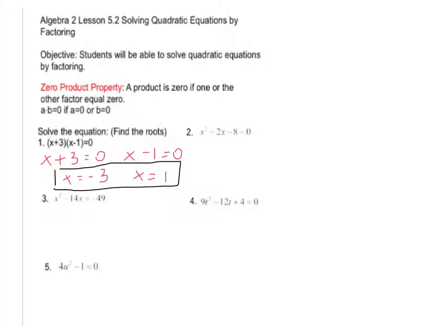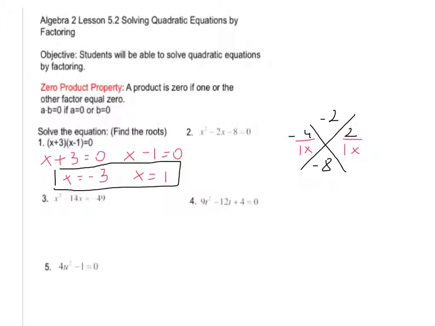In example 2, the first thing I need to do is factor. So I use the diamond, negative 2 and negative 8. The two numbers that add to negative 2 and multiply to negative 8 are negative 4 and 2, over 1x.